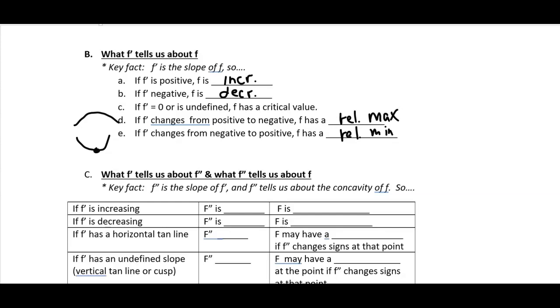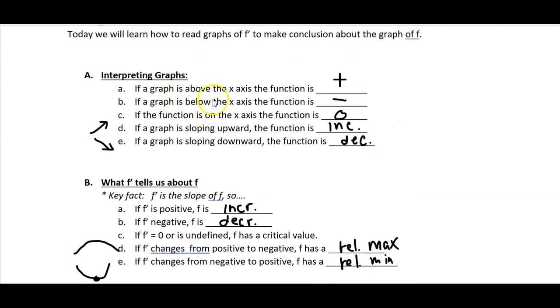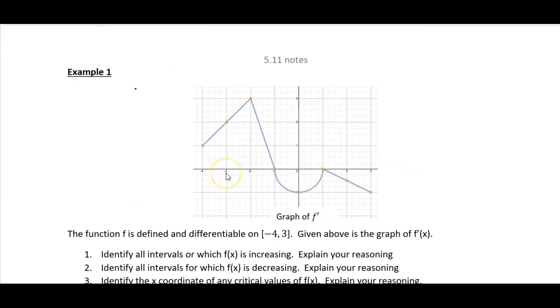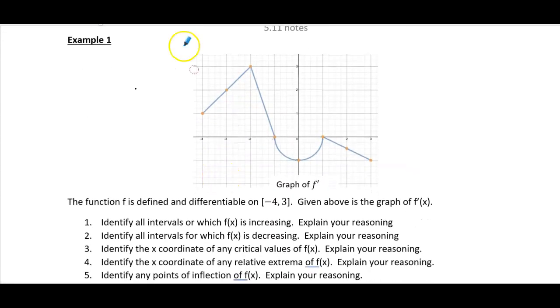And that's significant because f prime will be positive anytime that function is above the x-axis. So let's come down here and find any time that this graph is above the x-axis. That means that f prime is positive.